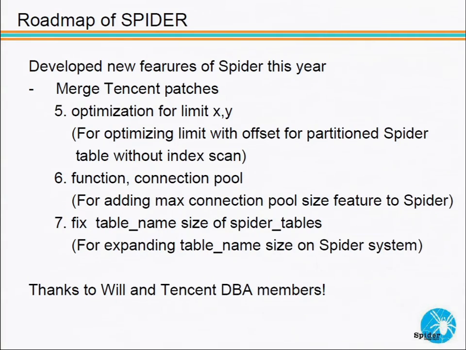Fifth one is optimizing for limit XY. Sixth one is function connection pool. Last one is fix table name size of Spider tables. Thank you to Will and Tencent DB members.